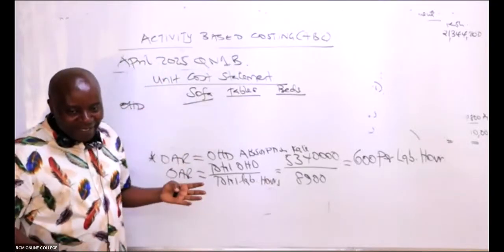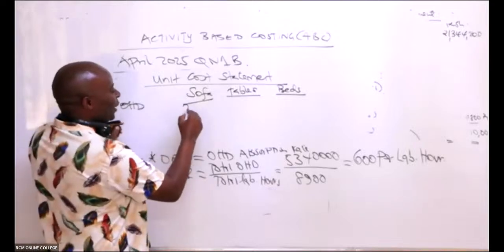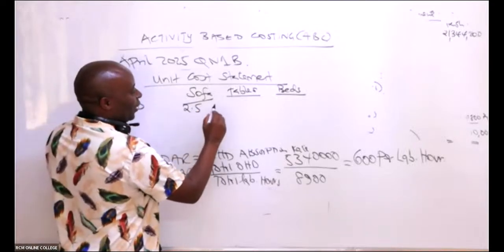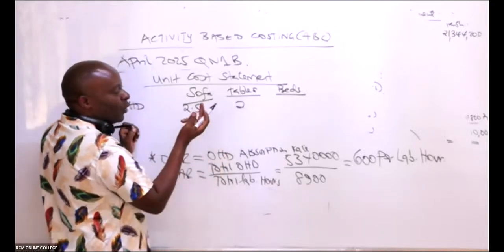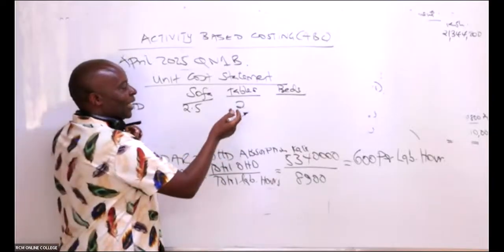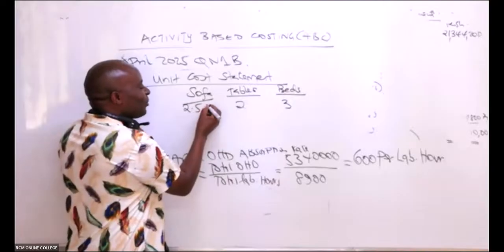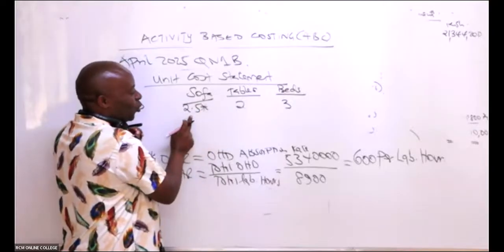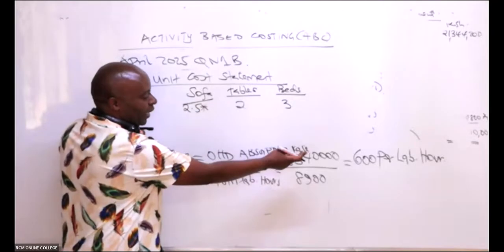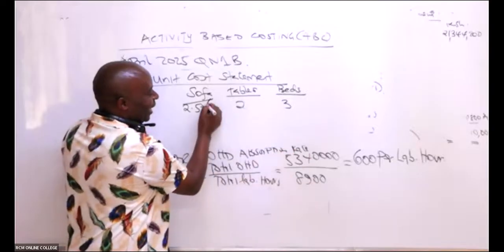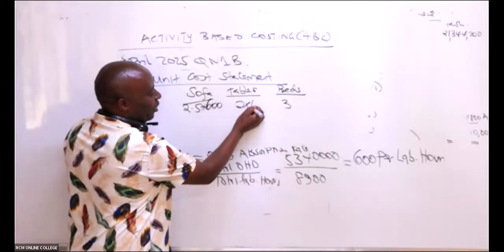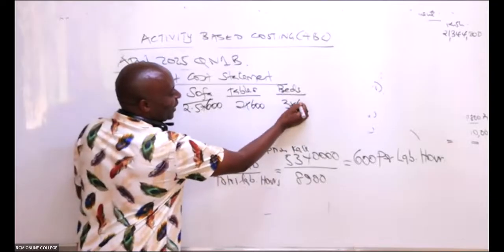It's given there. 2.5. Tables, you told me we need 2 hours to make one table. And then beds, how many? 3 hours. Do we know how much in terms of overhead will it cost us to make a sofa per hour? Yeah, 600.